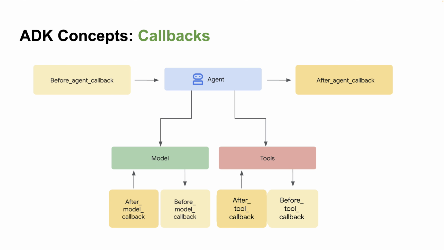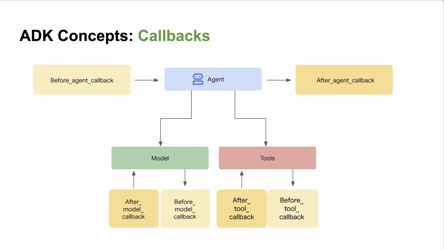Now, what are callbacks useful for? There are a couple of good uses for it. For example, logging and observability if you want to log detailed information at critical steps, customization and control of the overall workflow. If, for example, you want to bypass a step, like not invoking a tool based on a certain condition, or to implement guardrails and enforce safety rules, inspecting the input or output of a model, for example, for harmful language or personal information.